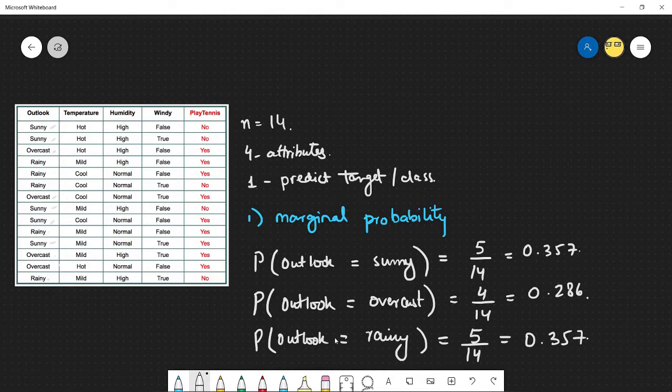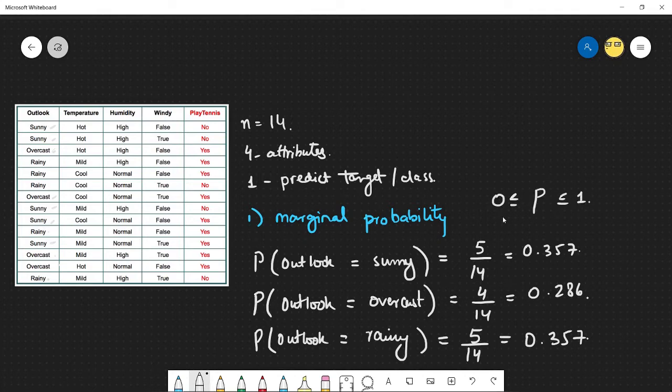Here I'm still not checking whether or not they're going to play tennis. I'm just calculating the marginal probabilities that the outlook is sunny, overcast, or rainy. A few things to note: the probability of any of these is always going to remain between 0 and 1.